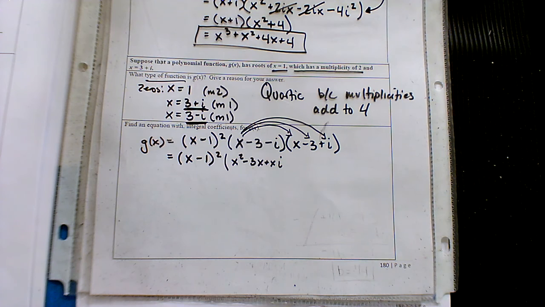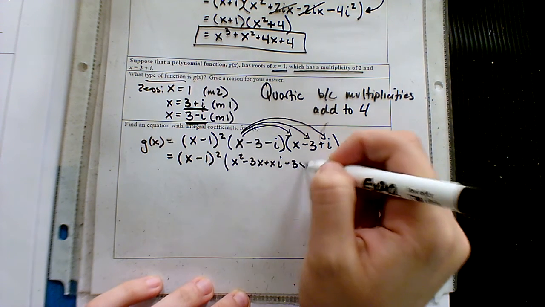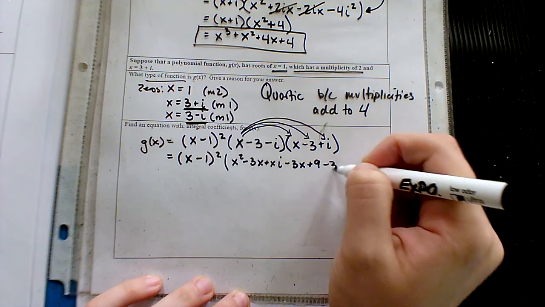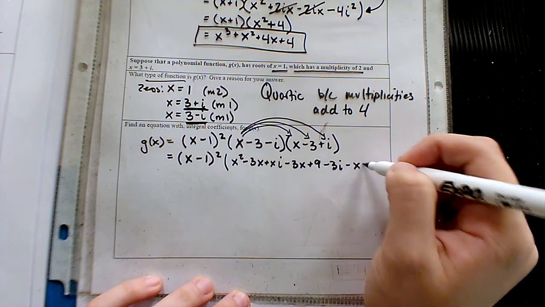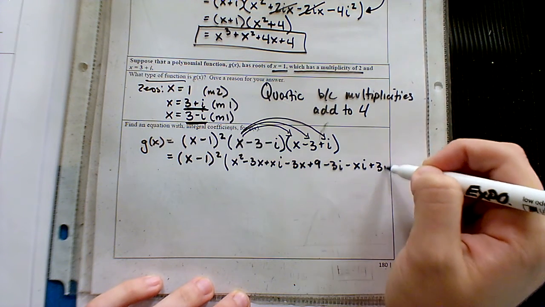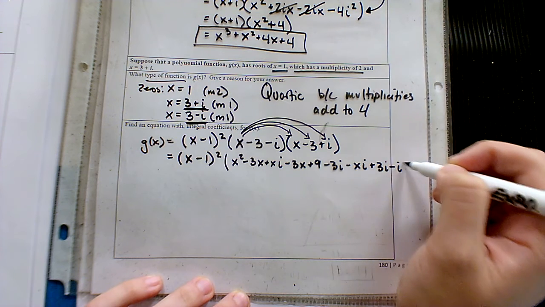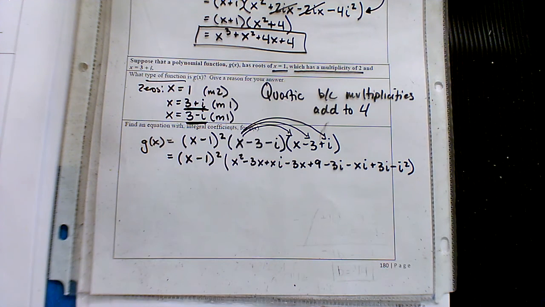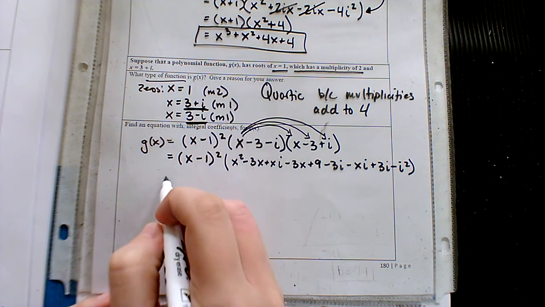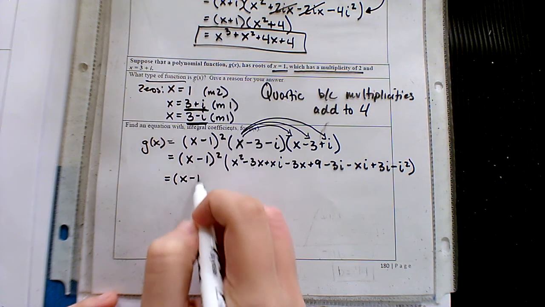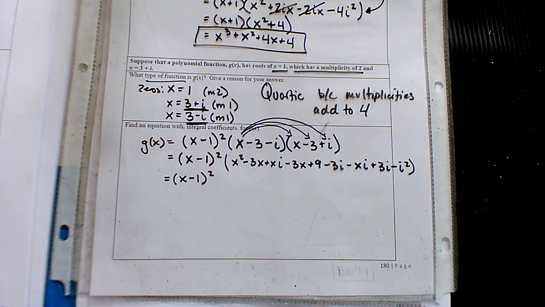All right, so multiplying the x into everything, then the negative 3, then the negative i. There's a lot going on there, definitely.